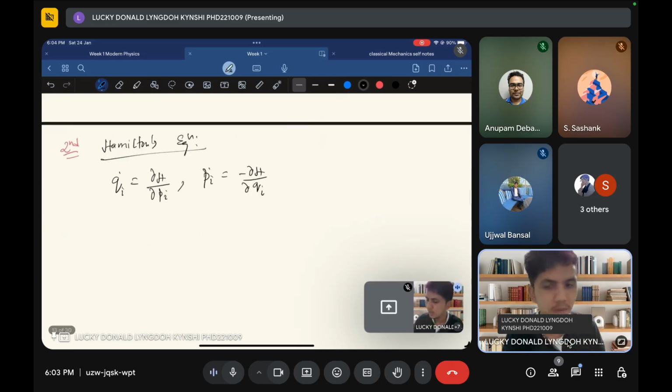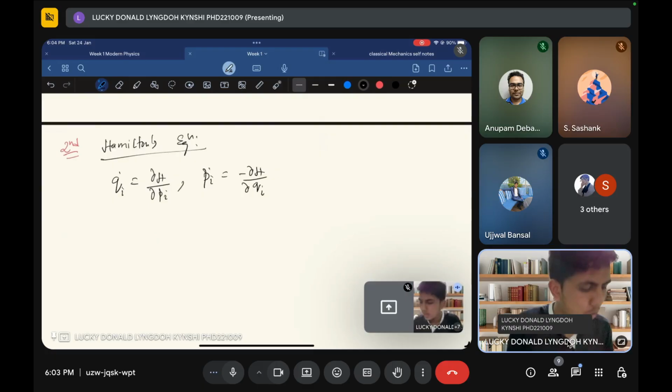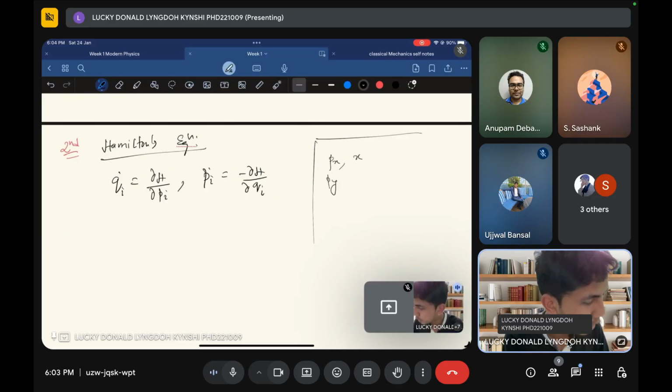Now, what are the things that come into the picture here? We have px and x, and also py and y. There are 4 terms now.